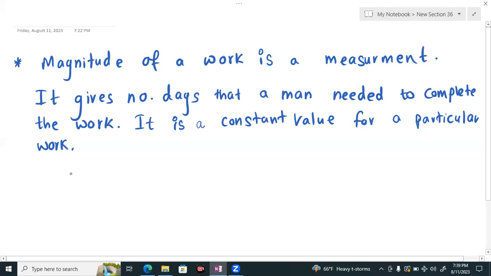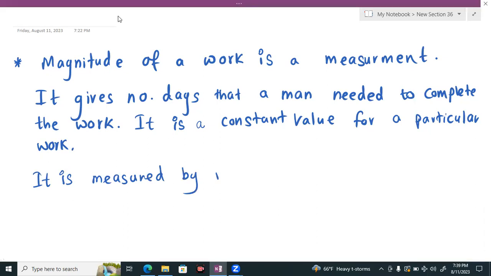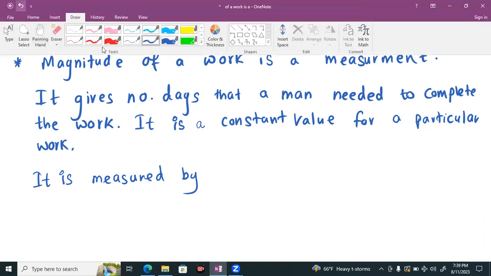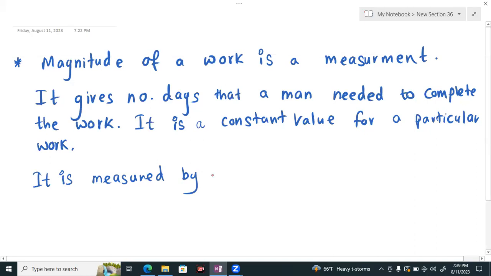It is a constant value for a particular work. Then it is measured by man days. This is the unit. When we have a measurement, we should have a unit. It is measured by man days.